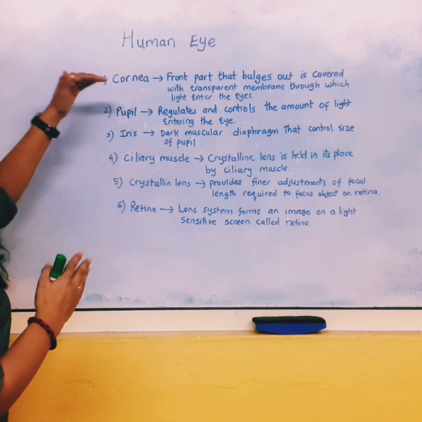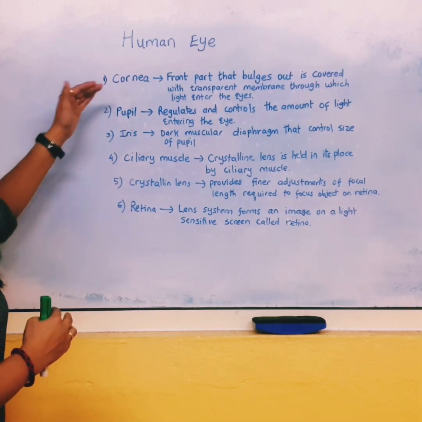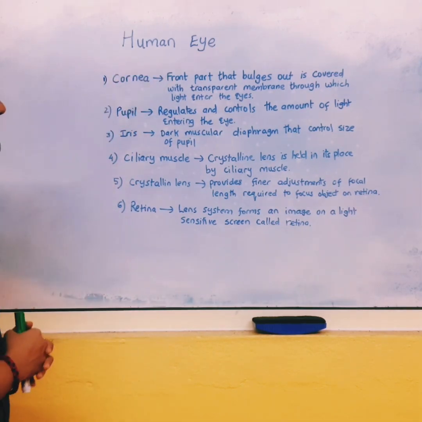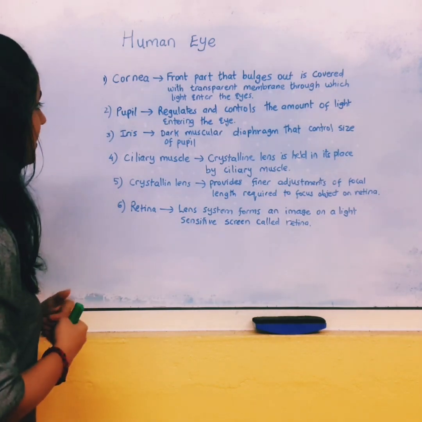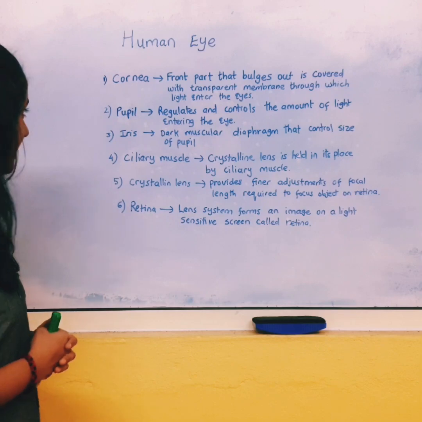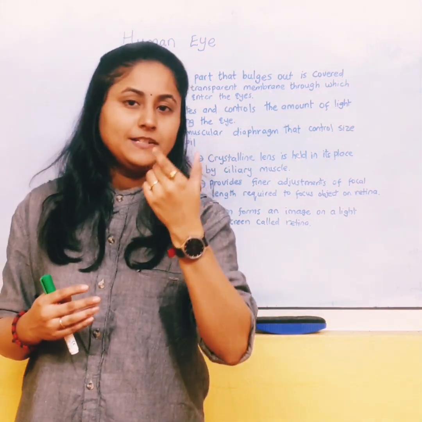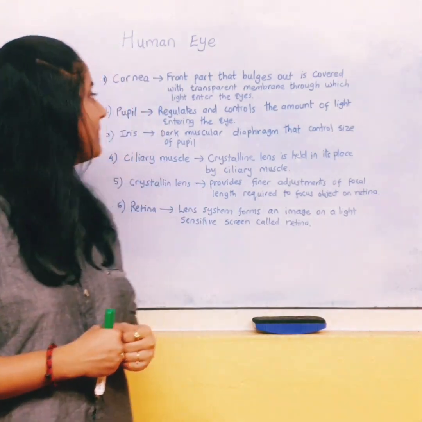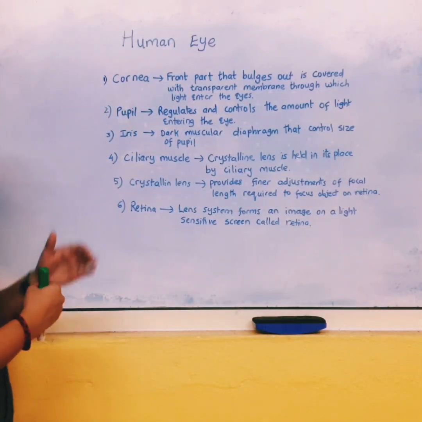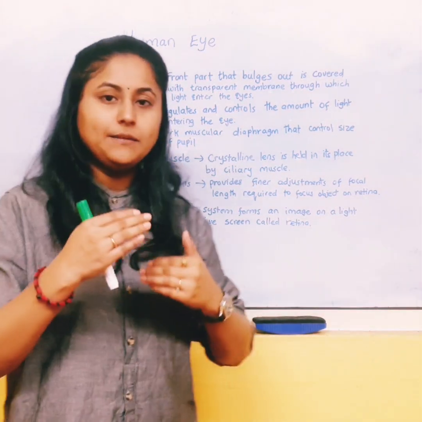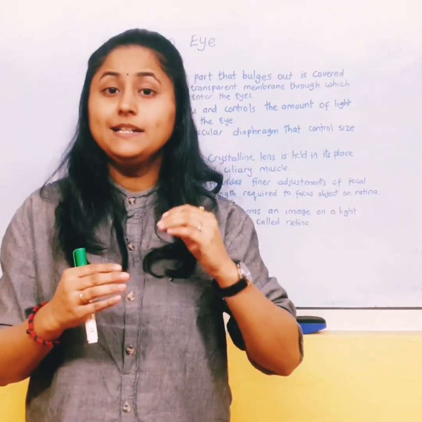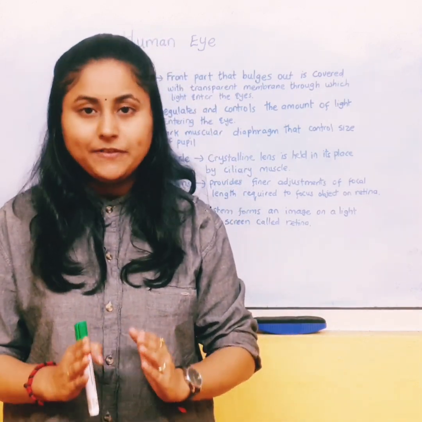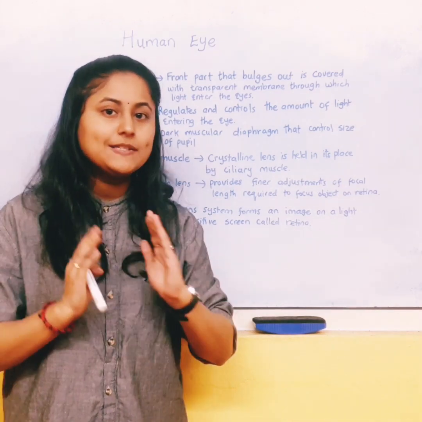Starting with the cornea. The cornea is the front part that bulges out and is covered with a transparent membrane through which light enters the eye. So the cornea is that front surface through which light enters our eyes. Now, after the cornea, there is some space which contains a liquid known as aqueous humor, which you had seen in that diagram.